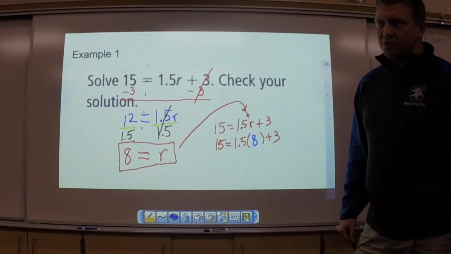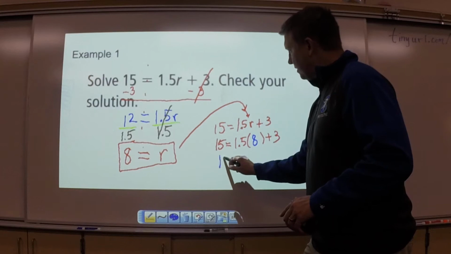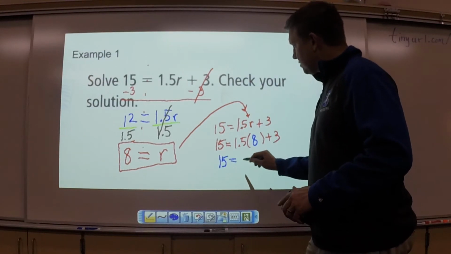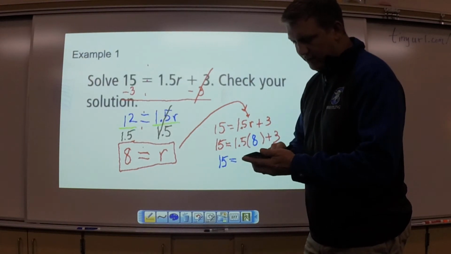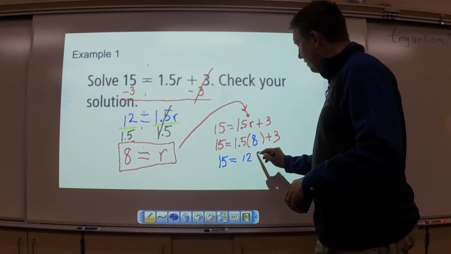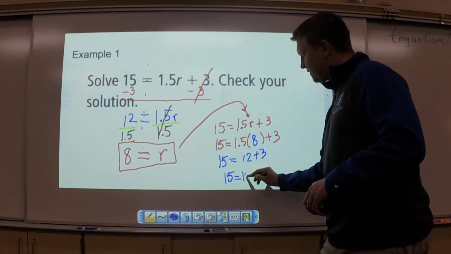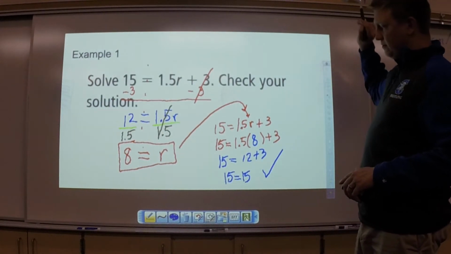That's where the r value was, and now it's multiplication, and all I do is simplify this. So it's 1.5 times 8. 1.5 times 8 gives me 12. So this would be 12 plus 3. And yes, 15 does equal 15, and so it checks out.